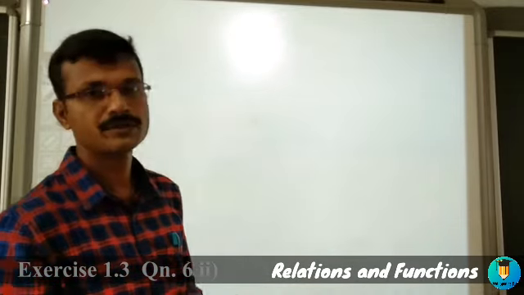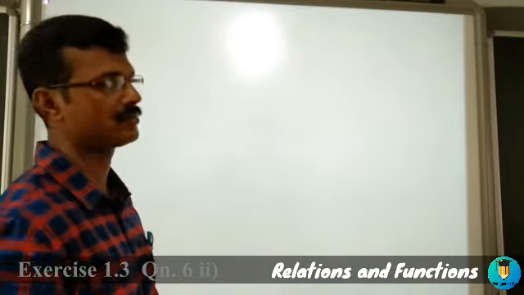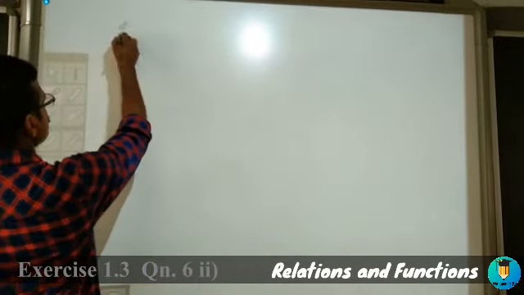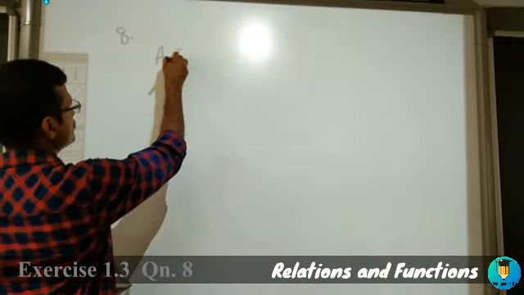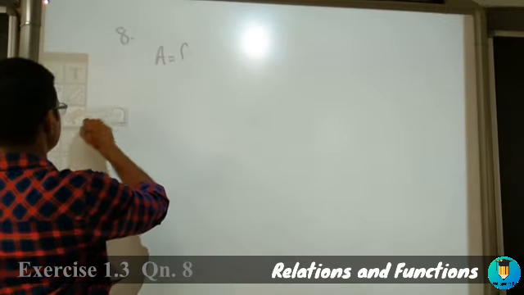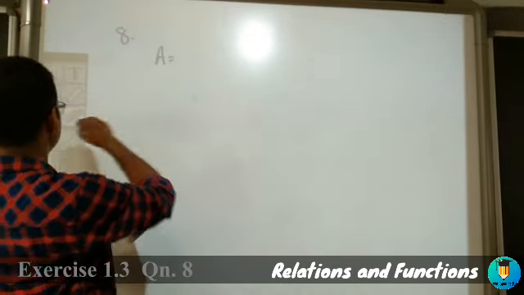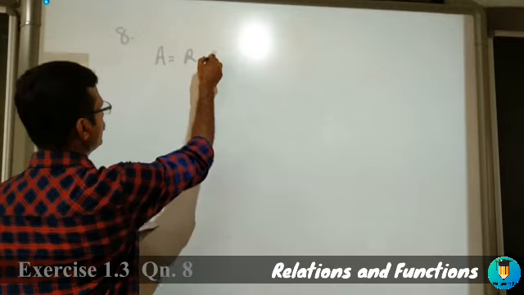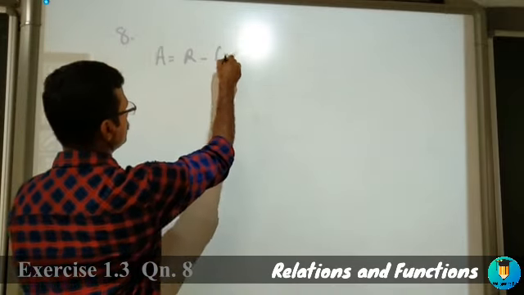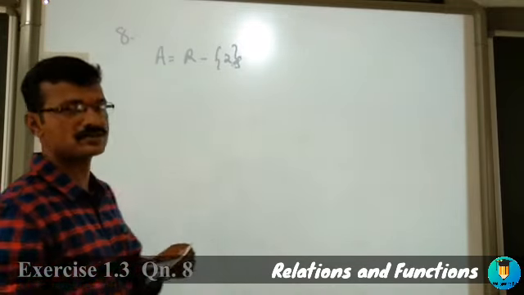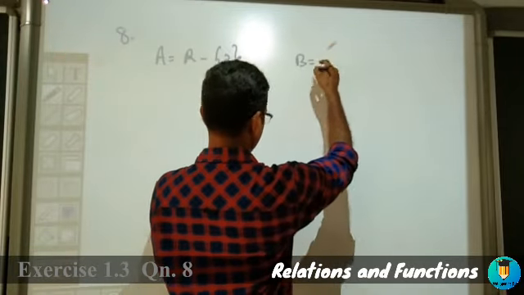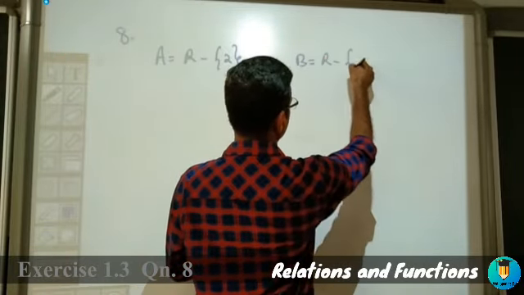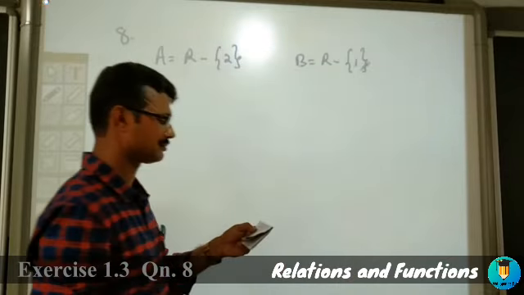Now one more we will do from this exercise, question number 8. Here the set A is given as real numbers minus 2, that is from all real numbers we have to exclude 2. B is given as real numbers, from that we have to exclude 1.